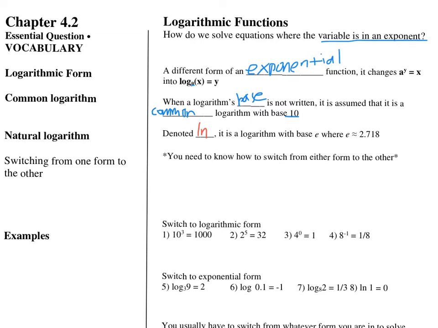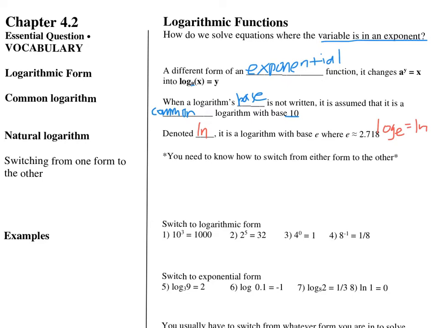So you could think of it like log base e is the same as ln. We just write ln for short. E is a really important number when it comes to exponential equations, which we talked about last section. And so it makes sense that since it's so important for exponential equations, it's also very important for logarithmic equations.